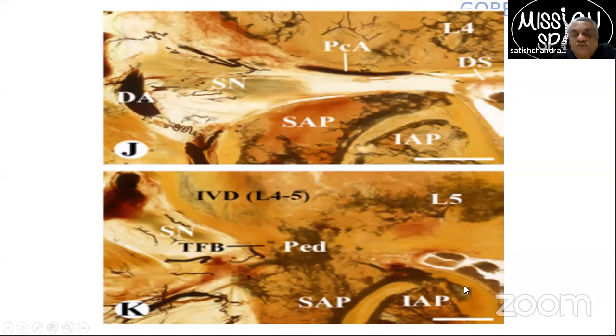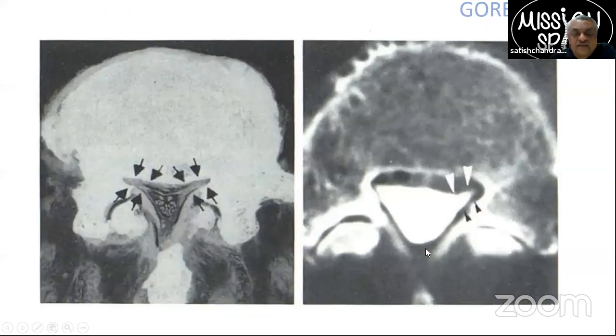And now remember what I'm pointing out in the lower picture towards the tip of the IAP is the beginning of the lateral recess, where the traversing nerve will be becoming the exiting nerve. So this is an angle where a lot of things are changing. Now this is a CT picture of the lower part and the lowest part.